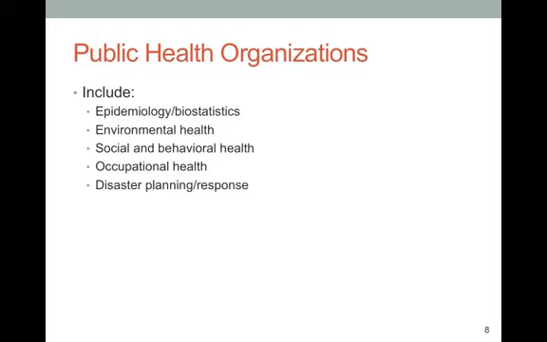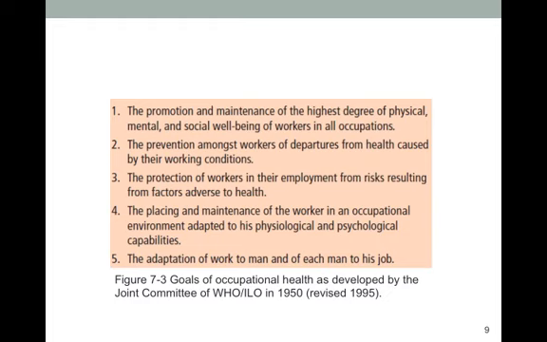The protection of workers in their employment from risk resulting from factors adverse to health. The placing and maintenance of the worker in the occupational environment, adapting to his physiological and psychological capabilities, and the adaptation of work to man and of each man to his job.